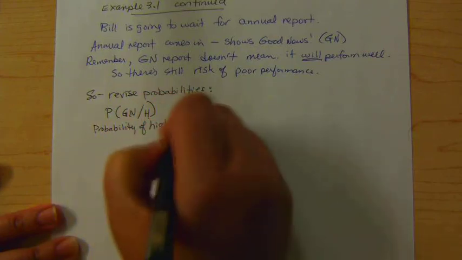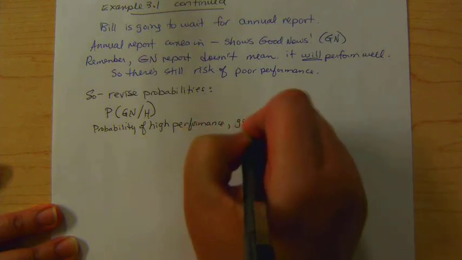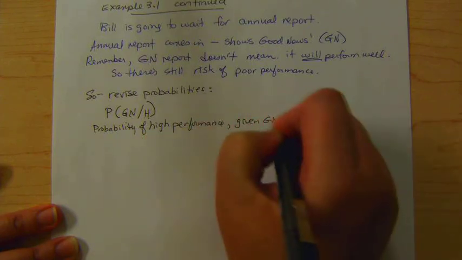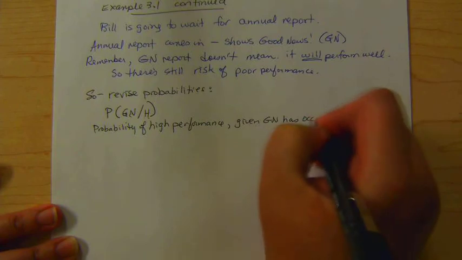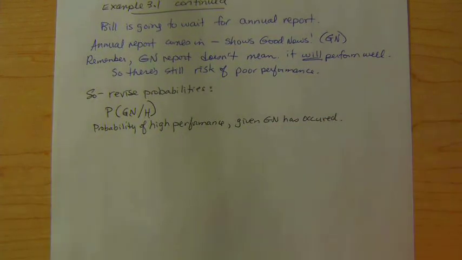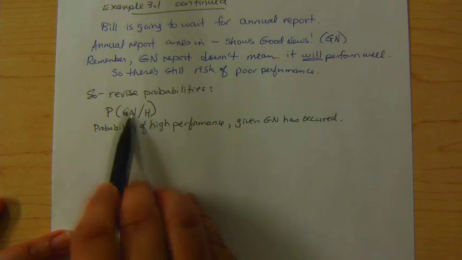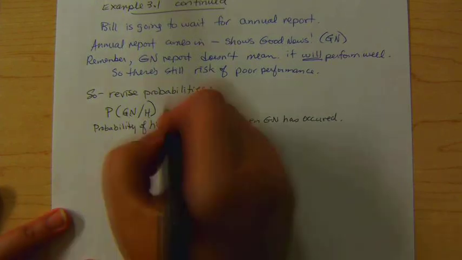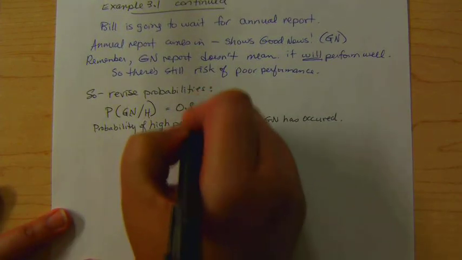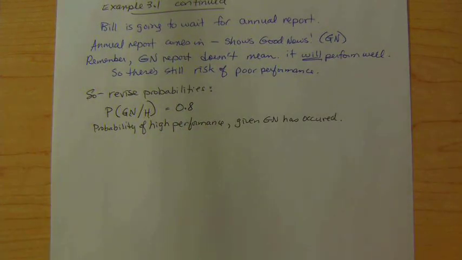That's how you'd read that. So the probability of high performance, given that good news has occurred, is 0.8. So now we're in 80% chance.